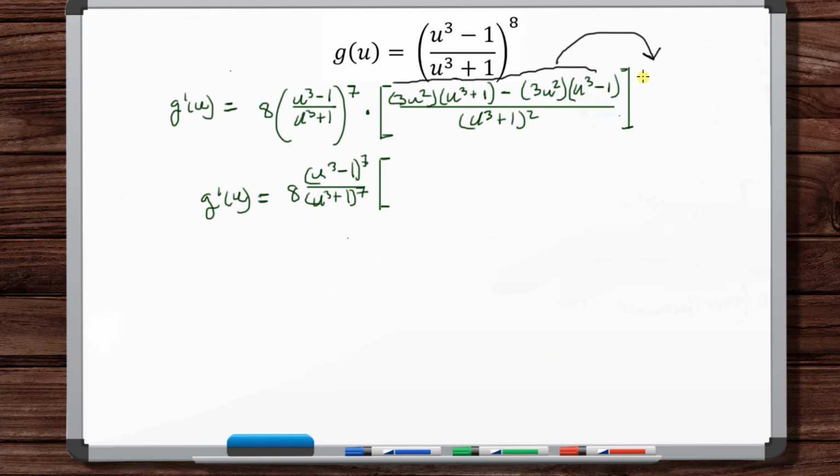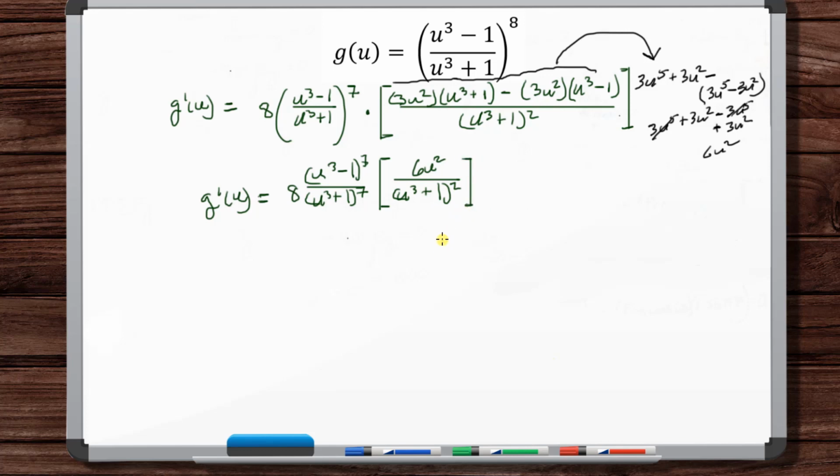So the numerator, you've got 6u squared over u cubed plus 1 squared.